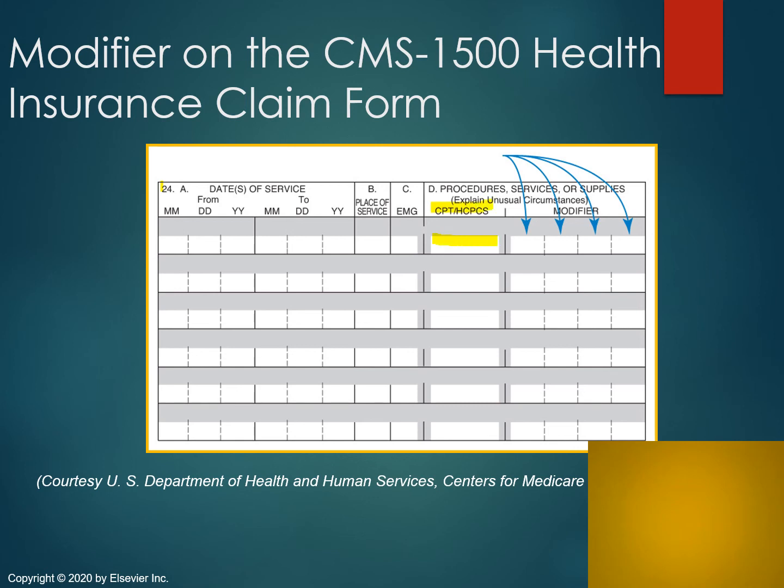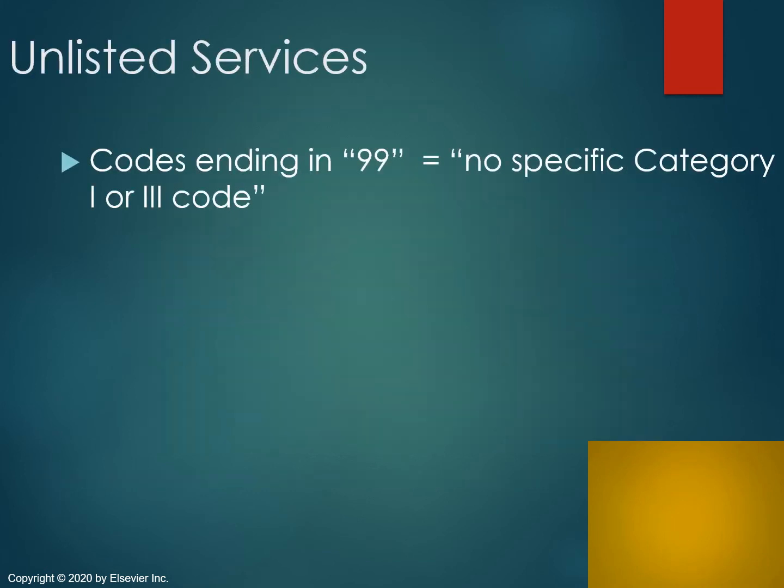This is where your code would go, and this is where any of your modifiers would go. And you can see the word modifier right there. We have unlisted services. All of those codes for unlisted services are going to end with 99.